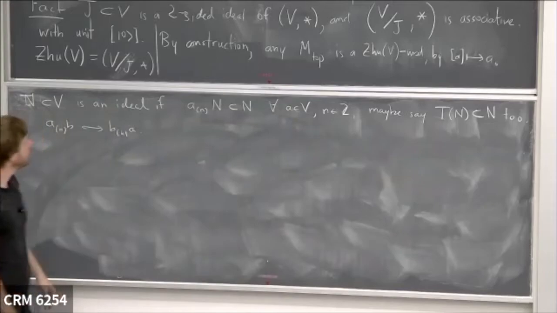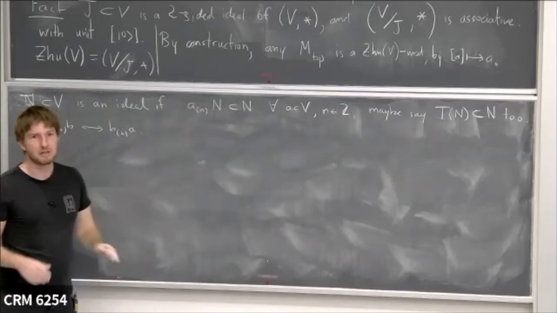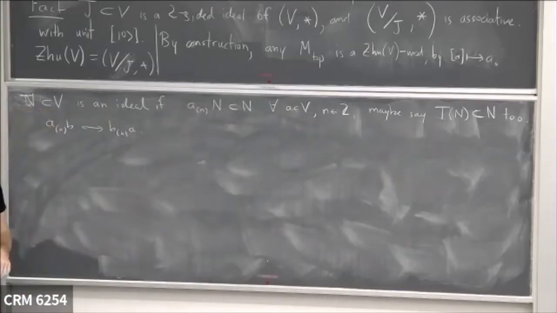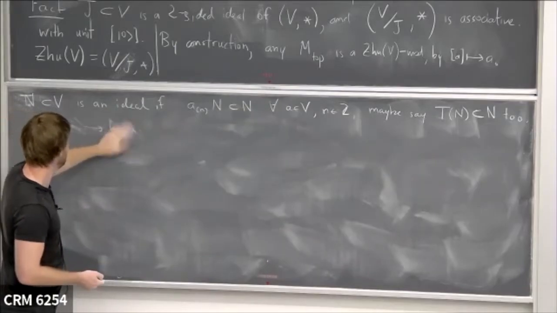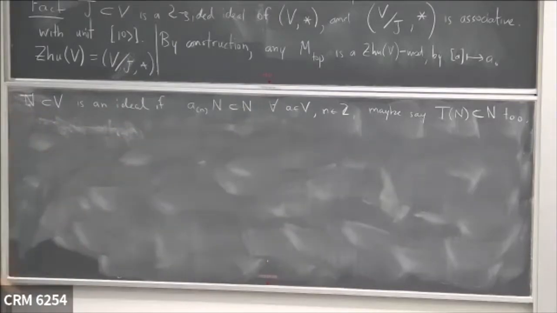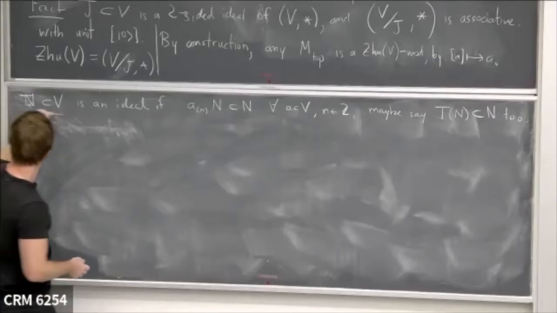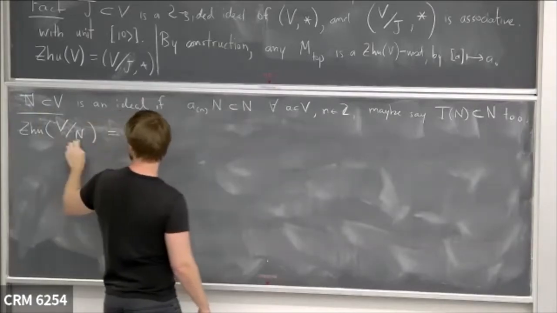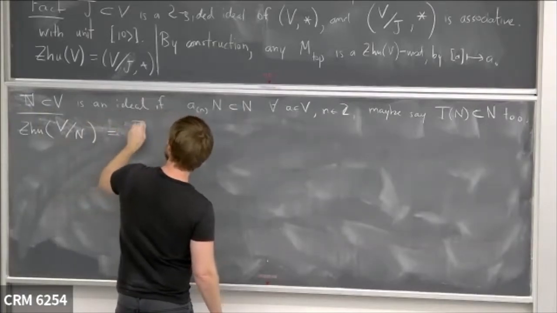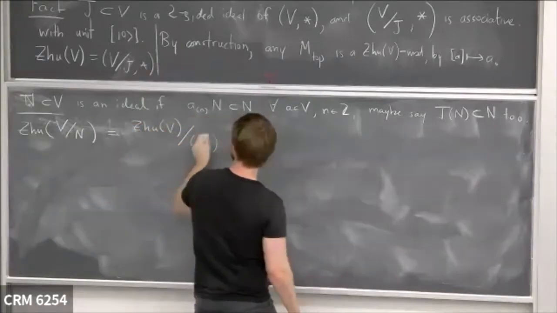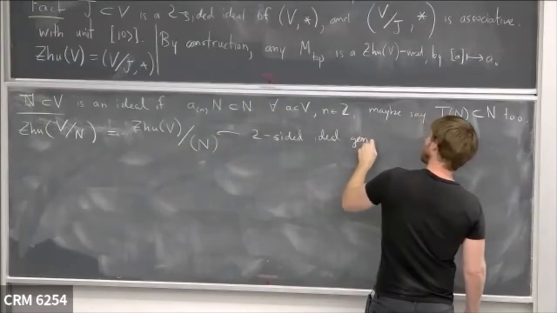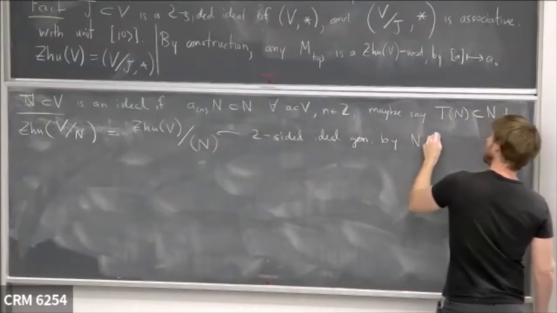So it's like commutative algebras for this reason, that there's no distinction between left and right ideals. From what I've said so far, it's completely unclear that would be the case, but it is. Okay, so the Zhu algebra of the quotient is the quotient of the Zhu algebra by the two-sided ideal generated by N.